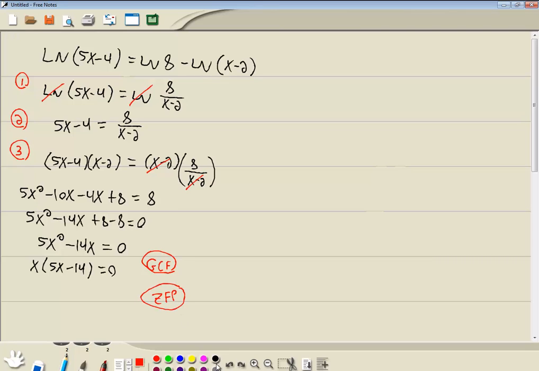Zero factor property: you get 0 on one side, you factor the other side, you set each factor equal to 0. So I'll set x equal to 0, and I'll set 5x minus 14 equal to 0. Now the x equals 0 is already solved, but this one I'll take the negative 14 over, it becomes a positive 14. Divide both sides by 5, and we get x is equal to 14 fifths. And these are maybe our answers.